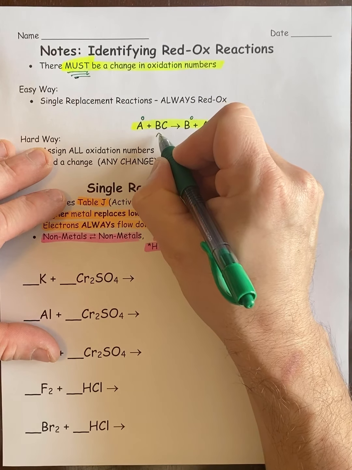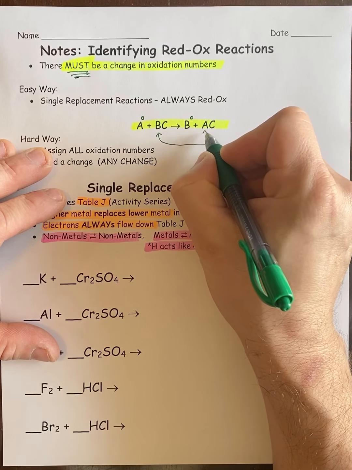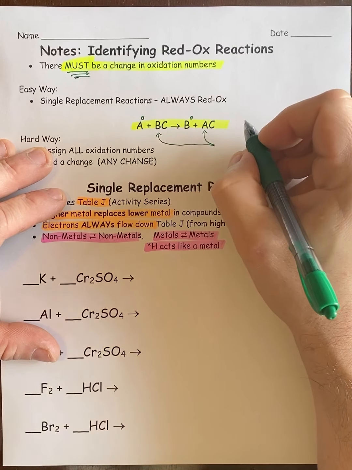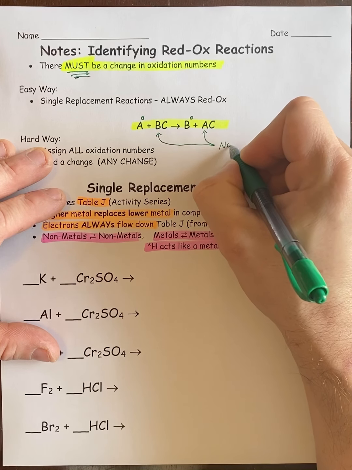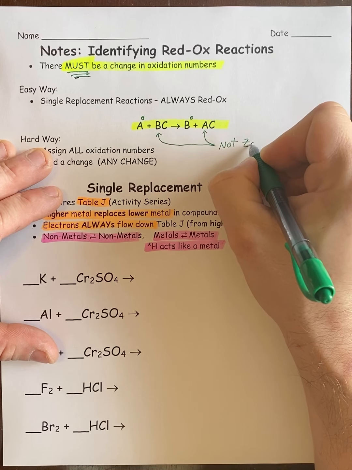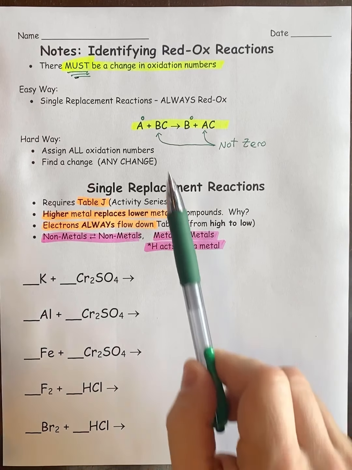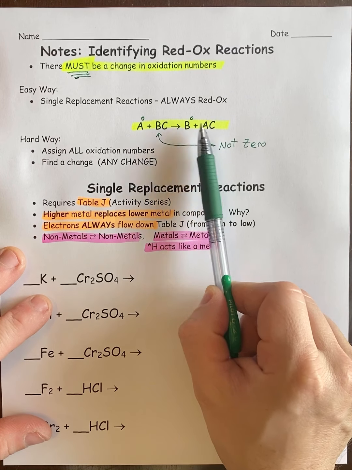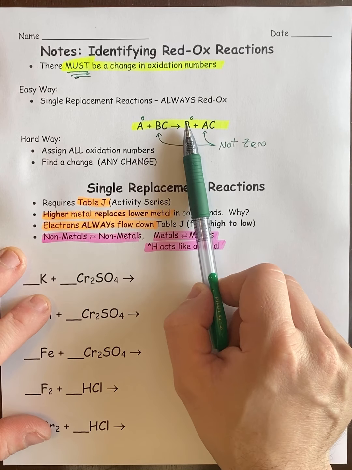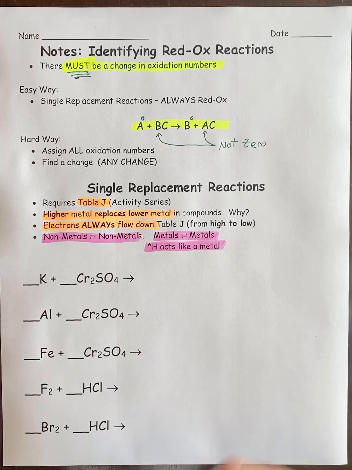And when they're in a compound, like B and A are here, they are not 0. So A goes from 0 to not 0, and B goes from not 0 to 0. Now, I don't know what the not zeros are, but I know that they're not 0, and that counts as a change, so that's my single replacement reaction. So that's the easy way.